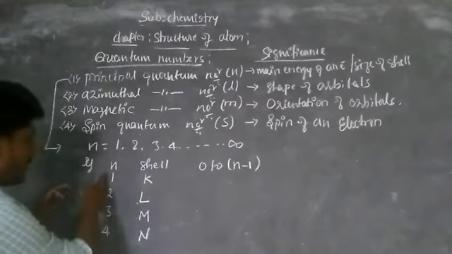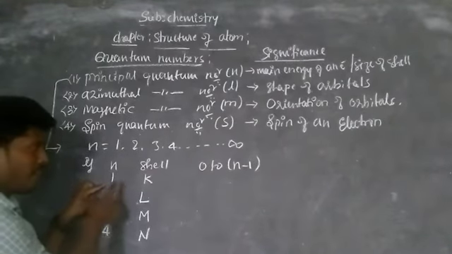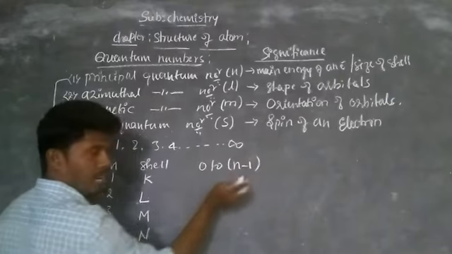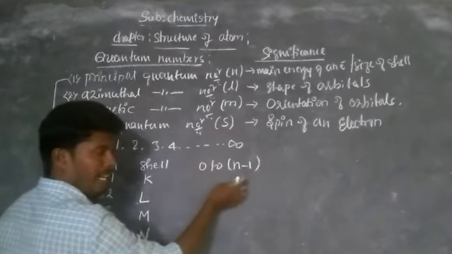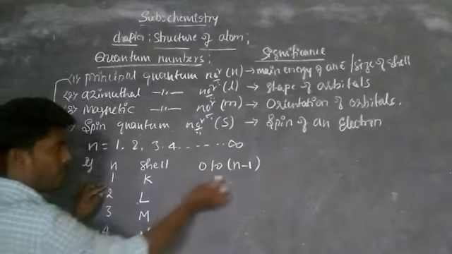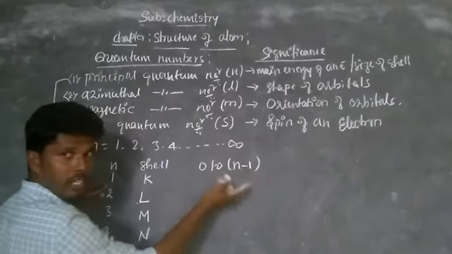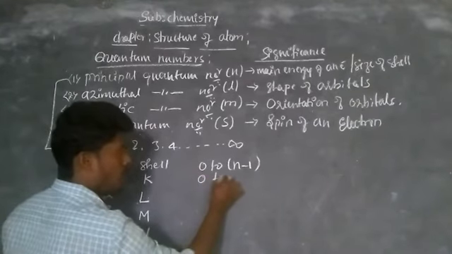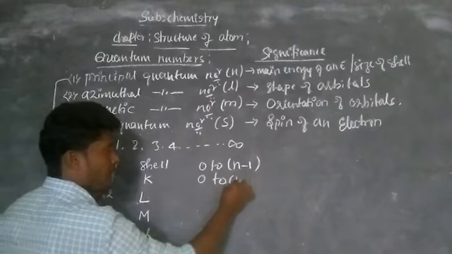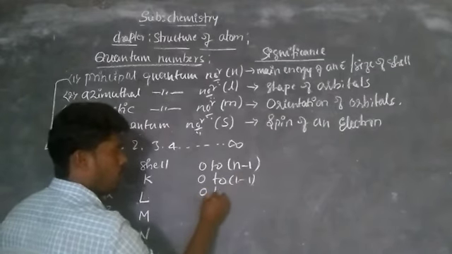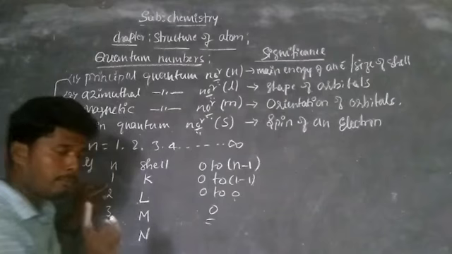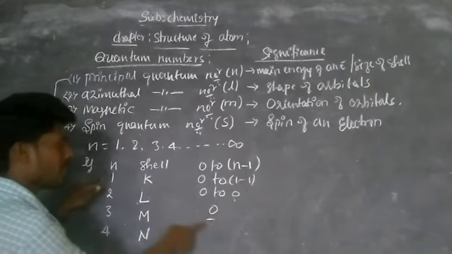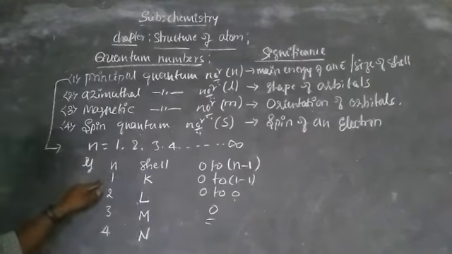If the n value is 1, then the l values are 0 to n minus 1. In place of n write 1, that is 1 minus 1, you get 0, that is 0 to 0. 0 to 0 means 0 only. It means for n equal to 1, the l value is only 0.